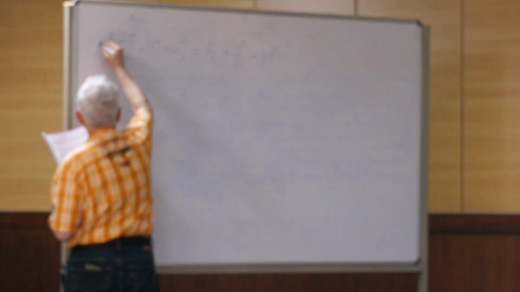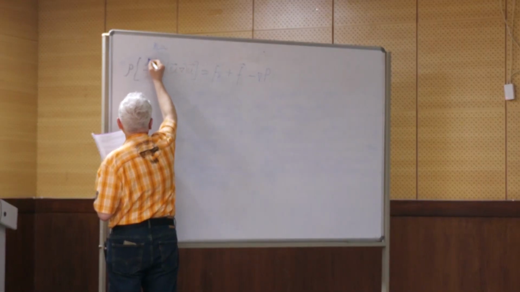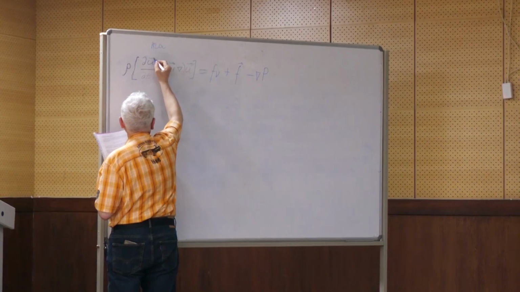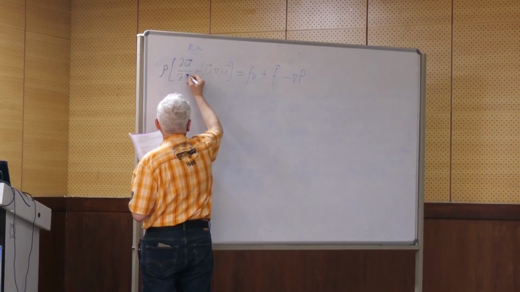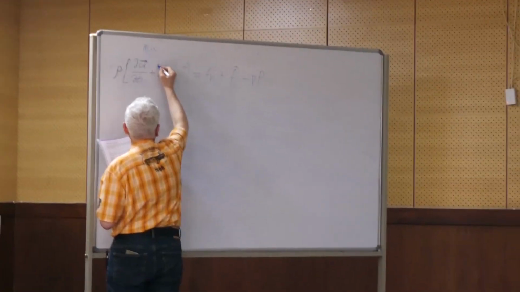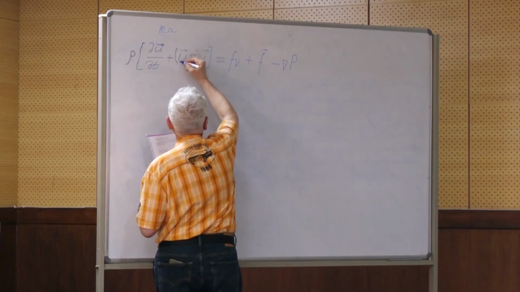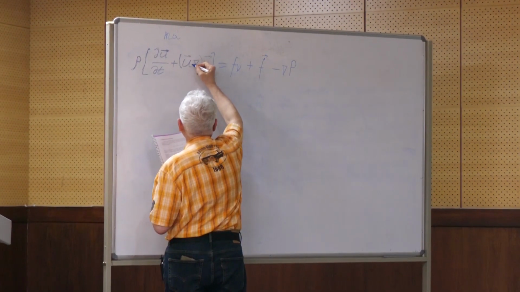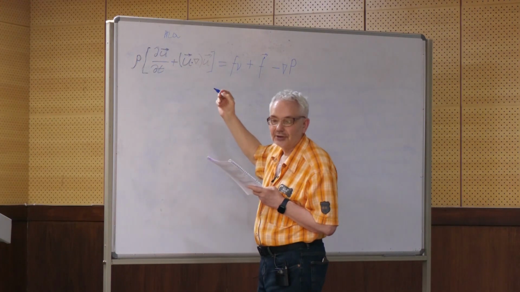So let me stress again this very important formula. There is the density multiplied by the partial derivative of u with respect to time, and also this term is usually named the Rossby term, and it's actually the major source of all turbulence and so on, and also the source of nonlinearity.